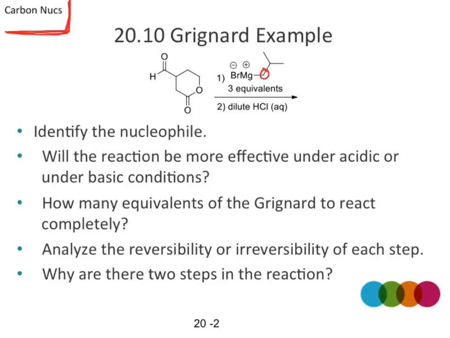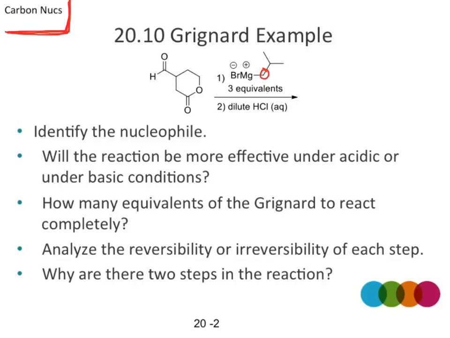Would we expect it to be more effective under acidic or basic conditions? Grignards have two primary sources of reactivity. They can act as nucleophiles and they can act as Bronsted-Lowry bases.